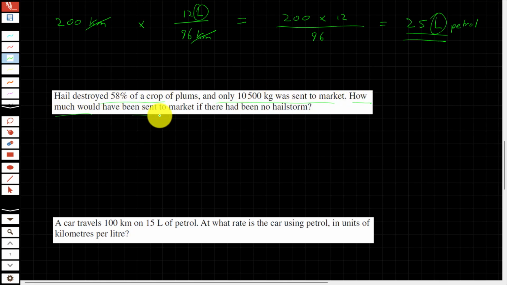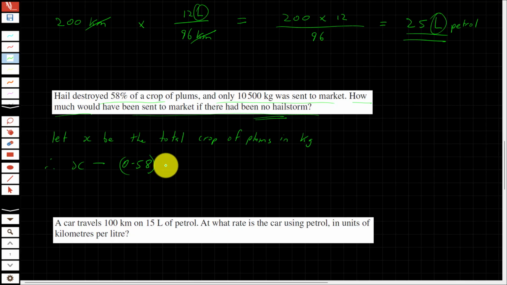Here we have 58% of a crop of plums, hail destroyed, and only 10,500 kgs was sent to the market. How much would have been sent to the market if there had been no hailstorm? So we basically need to know the total amount of plums in kgs. So we let X be the total crop of plums in kgs, and we can write a small equation here. So the total amount minus the amount that got destroyed is equal to that 10,500 sent to the market.